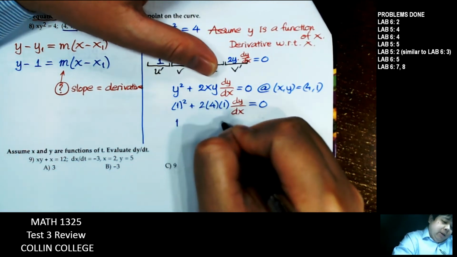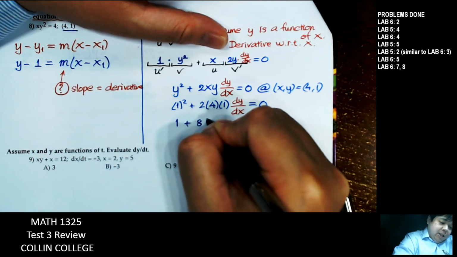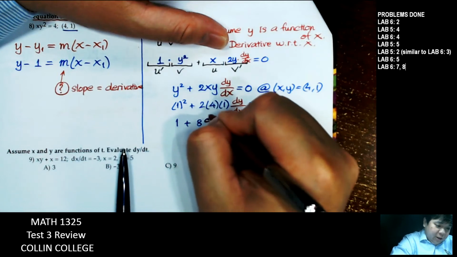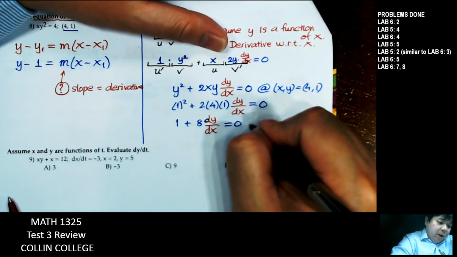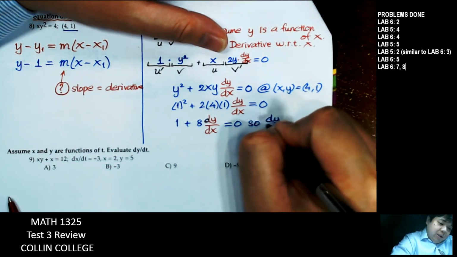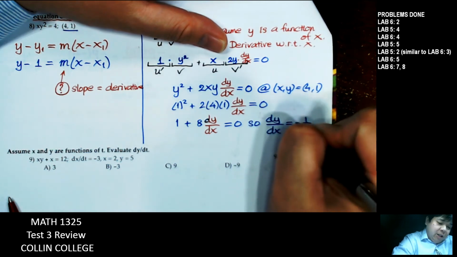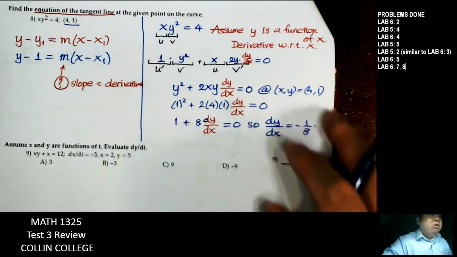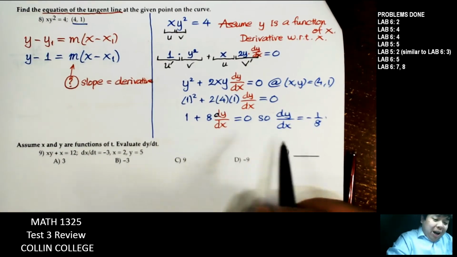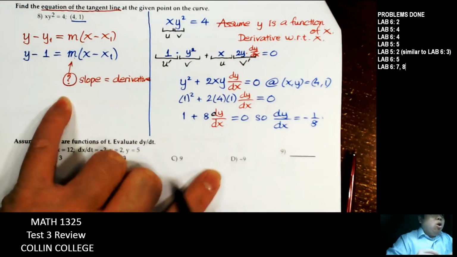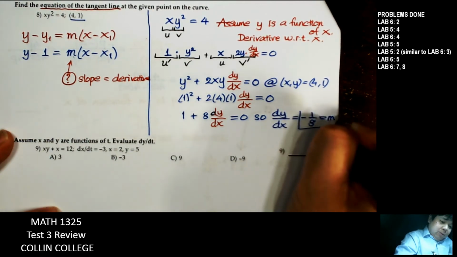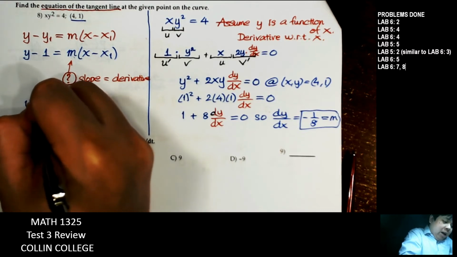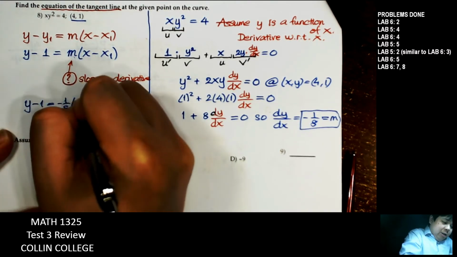Then we will have 1 plus 8 dy/dx equal to 0, minus 1 divided by 8, so dy/dx is equal to negative 1 over 8. I just cheat and look at the answer to see if that looks right. Next, negative 1 over 8 is the slope that we were looking for earlier.